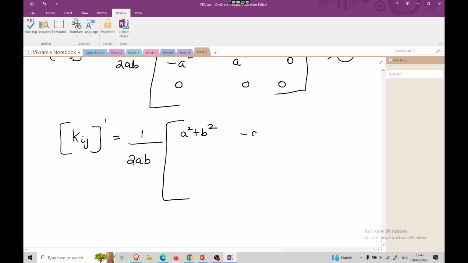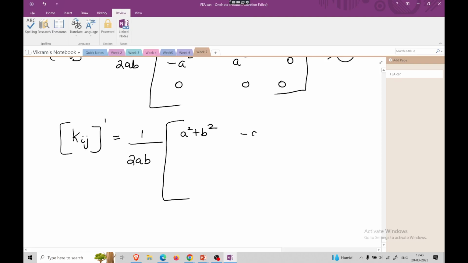Actually it's a property of the triangle. Since the node numbering is the same, if you rotate this element 180 degrees you will get element 2, because 3 1 is exactly along the line A, 1 2 is also along the line B, and 2 3 is along the diagonal. So element-wise the stiffness matrix will be the same.